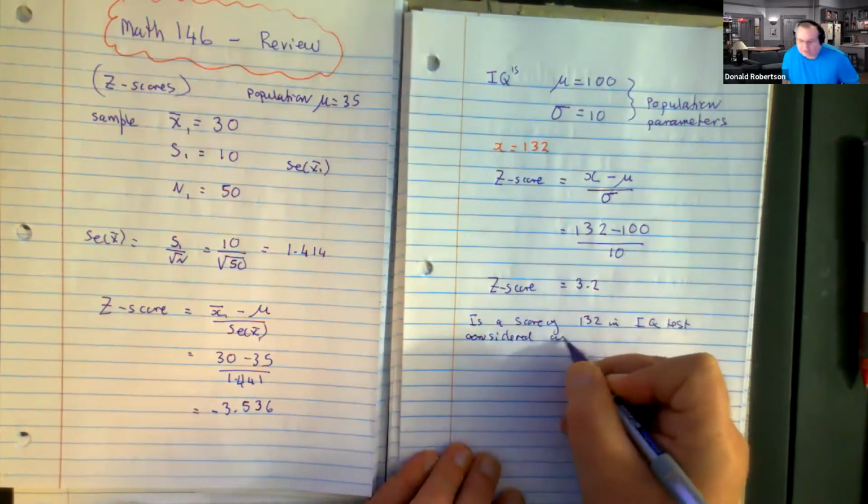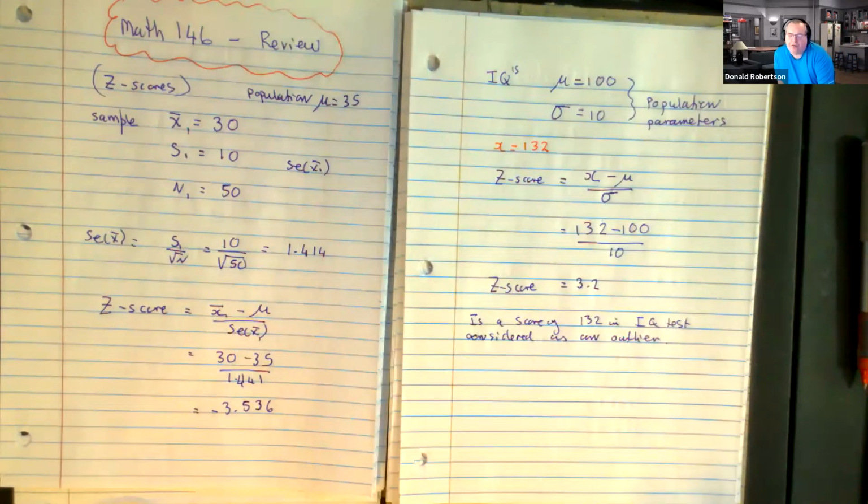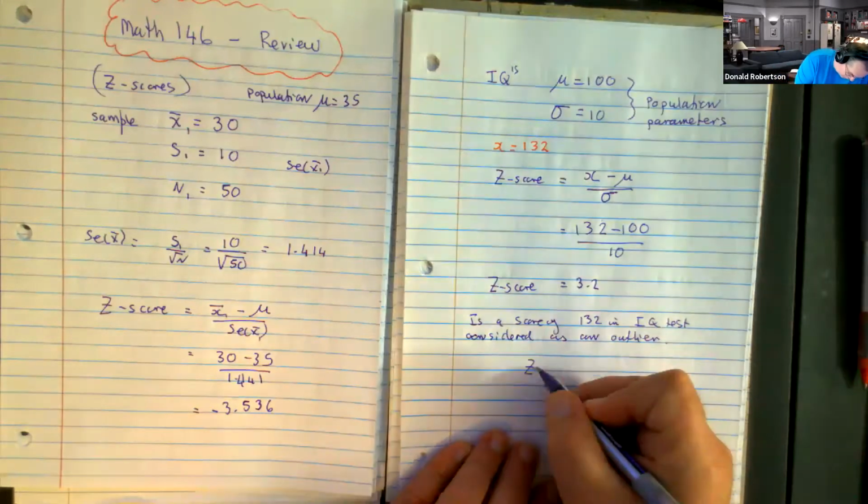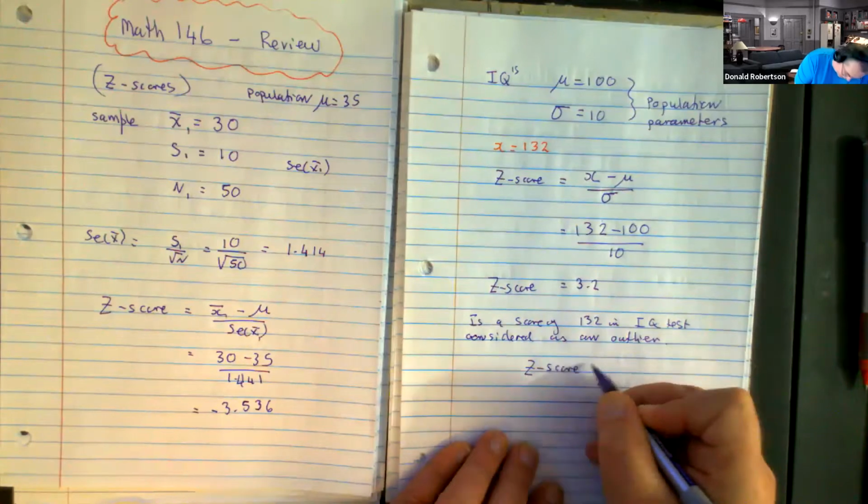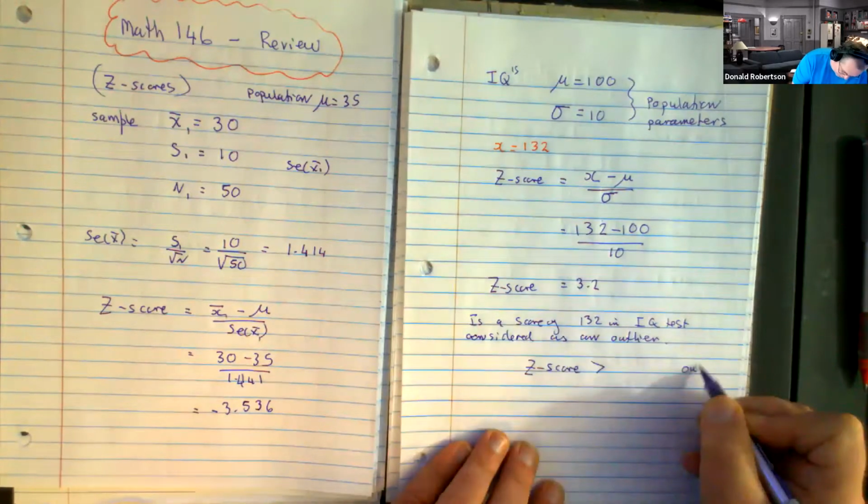In other words, if somebody had an IQ score of 132, is that exceptionally big, right? Outliers are bigger than the norm. And there's a very simple test for it. What does a z-score have to be bigger than to be considered an outlier?